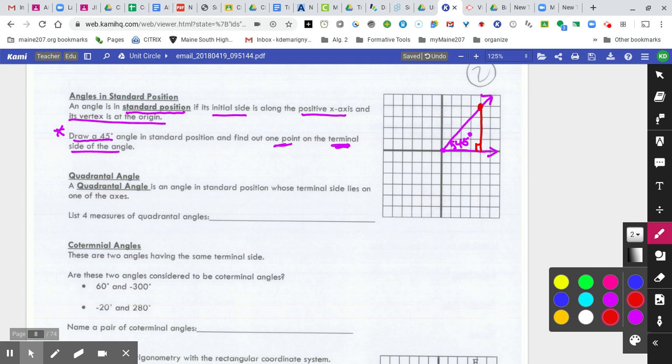And when I look at a coordinate that's on this terminal side, I have 1, 2, 3, 4, 1, 2, 3, 4. So this coordinate would be 4, 4. And that is a point. It asks for one point on the terminal side of the angle. Now you can see you would have also 3, 3, 2, 2, 1, 1. Those would all be coordinates or a point on the terminal side of the angle.